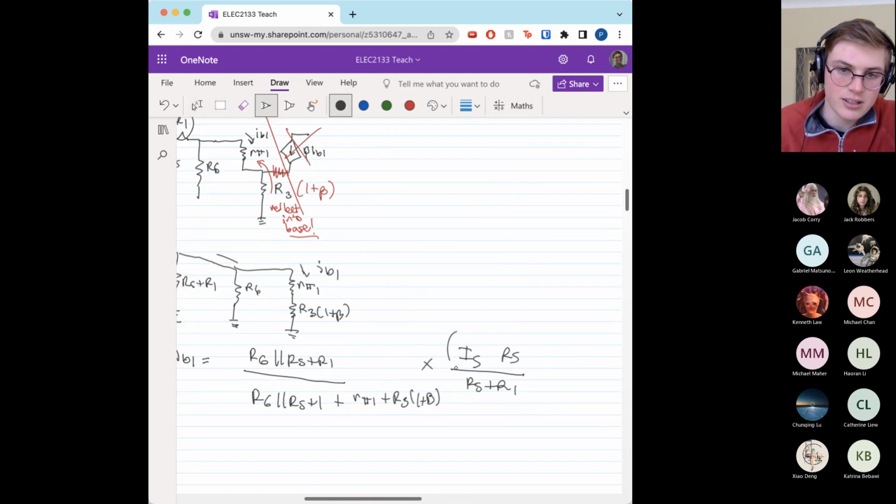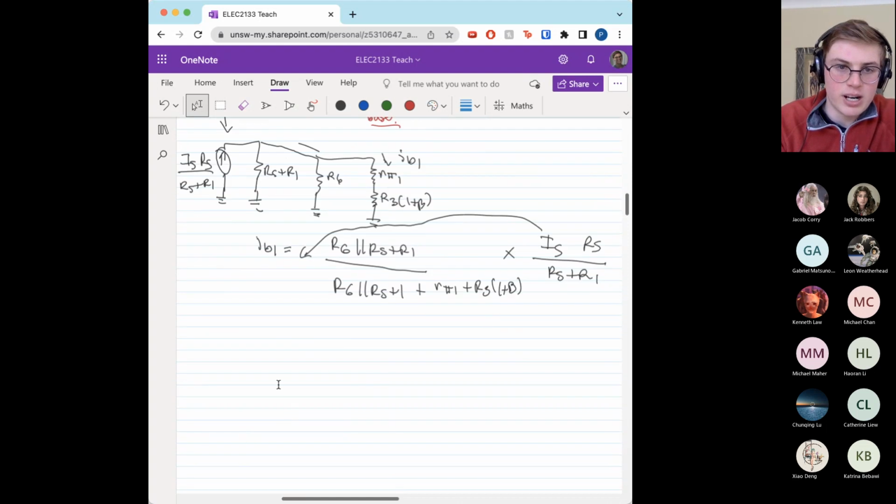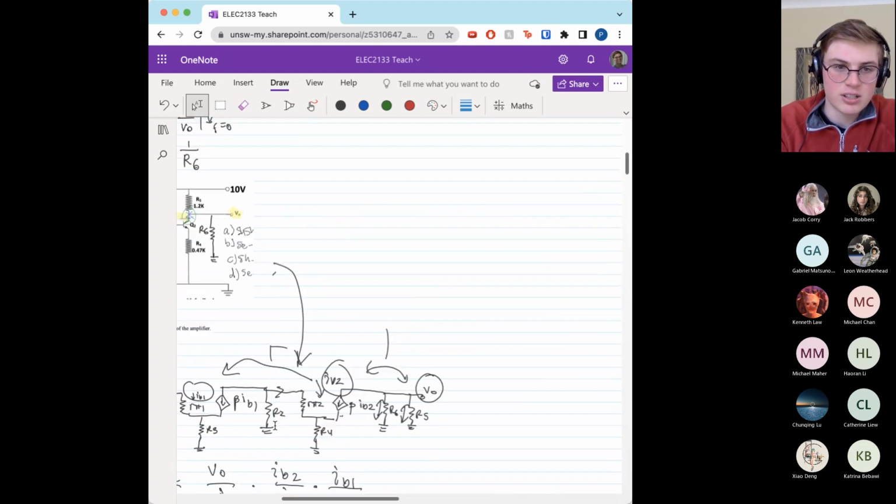Take this RS to the other side, under there, and we can write out a huge expression and then crunch the numbers.